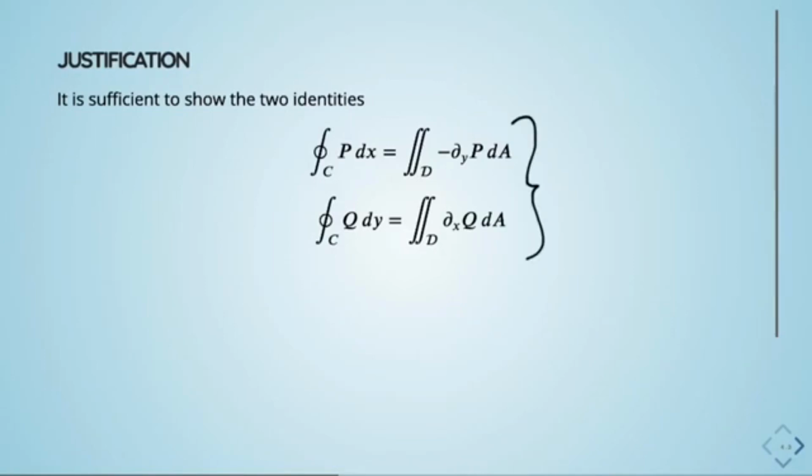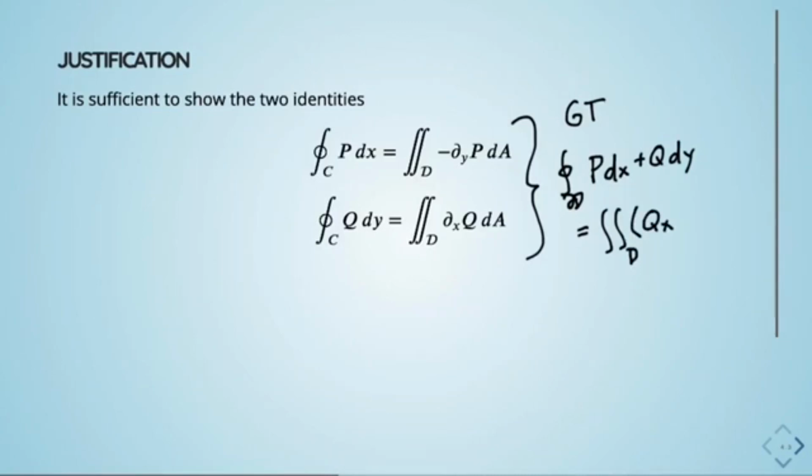And it should be easy enough to see that it's equivalent, because if both of these were true, we could add them together on both sides, and we get the statement of Green's theorem, which again is that the integral around the outside of a region integrated against a vector field PQ is equal to the double integral over the interior of that region of this weird integrand, dQ/dx minus dP/dy, over the inside.